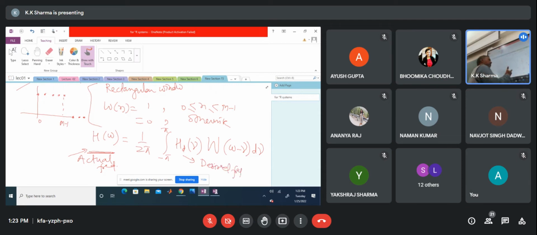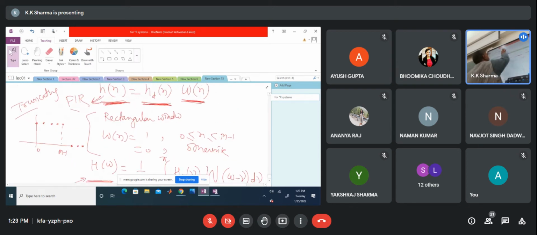So the actual response is quite different from the desired one using this windowing technique, because you are multiplying h_d(n) with the window function w(n) in the time domain. What is capital W? It is the Fourier transform of this window function.